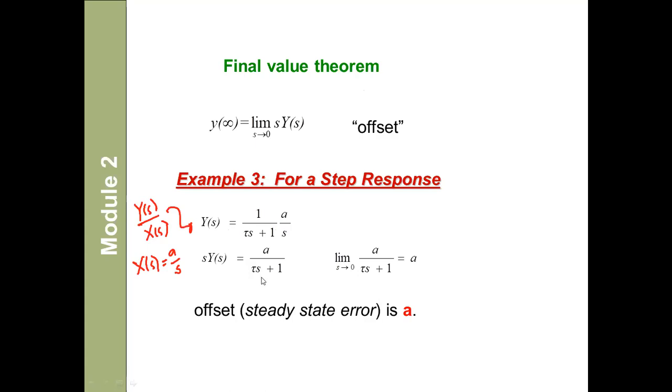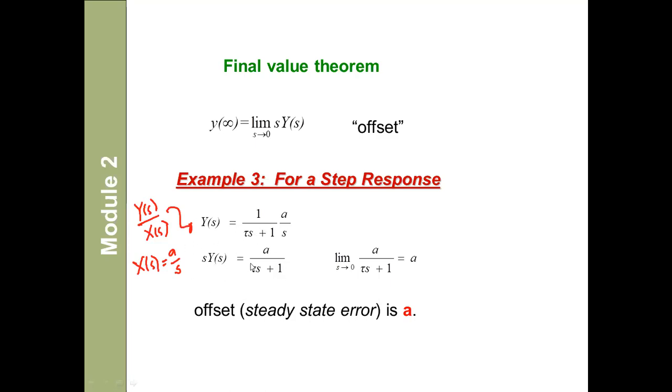So if you will determine the offset, what is the offset? You can see it's the limit of s times the y of s as s approaches 0. So what we do, you first determine the s y of s. So this is it. Then you check if I substitute any value of s greater than 0 here, will this particular product be not equal to infinity? Of course, the answer is yes.